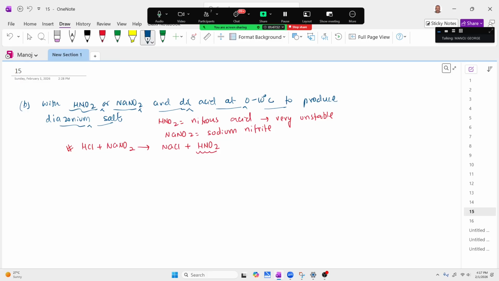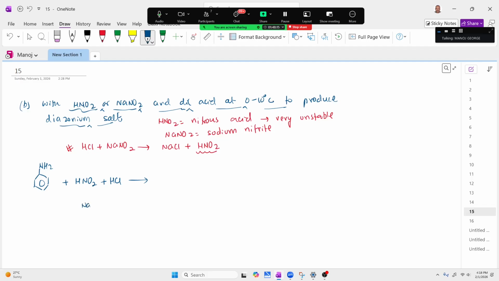Let me give you a simple equation to work with. The reaction says I need to react phenylamine, C6H5NH2, with HNO2 plus HCl. If you look at the marking schemes, they might say allow NaNO2 plus HCl.